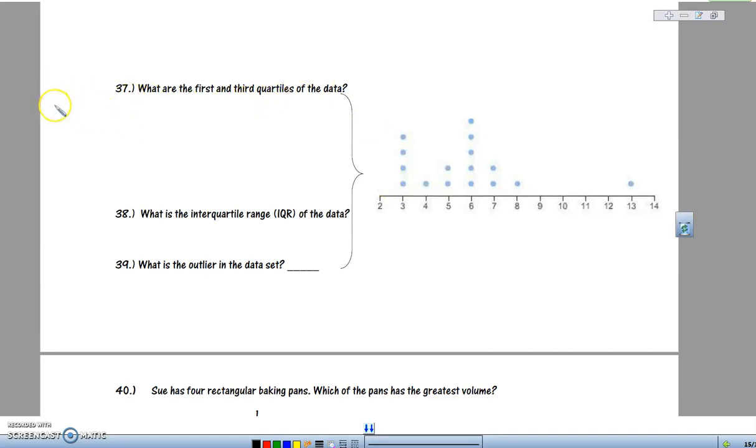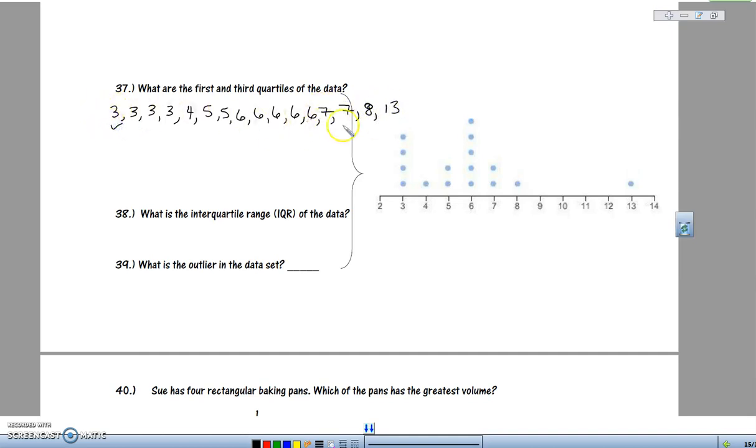So we have four 3s, one 4, two 5s, five 6s, two 7s. I forgot that originally. One 8 and one 13.